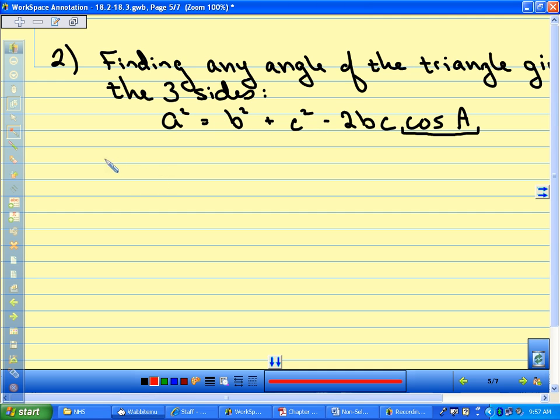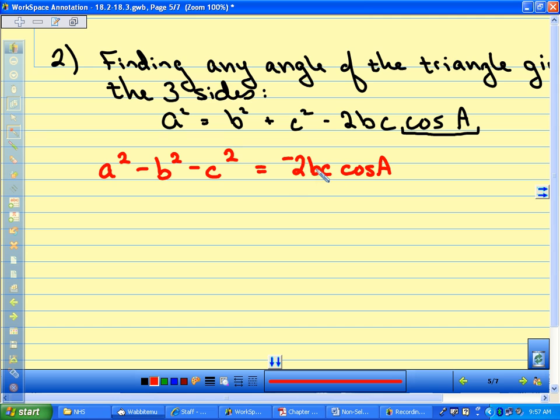We've got to subtract them off. So from the a squared that's already over here, we're going to subtract off a b squared, and then we're going to subtract off a c squared. And then what's going to be left over here when I move these two? Yeah, and it's not a subtraction anymore, it's just a negative 2bc cosine A.